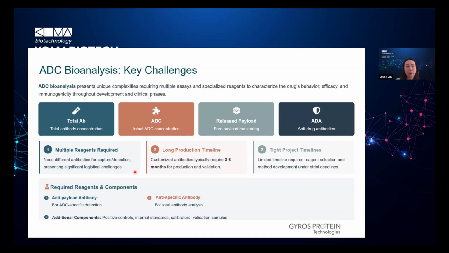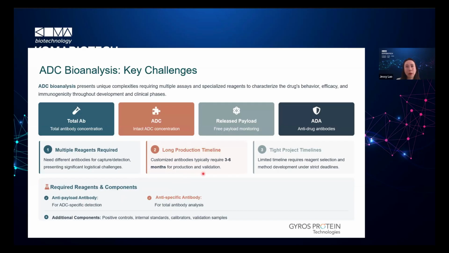These reagents may be anti-payload antibodies or anti-specific antibodies, because the anti-payload antibody will be used for the ADC or intact ADC analysis, and the anti-specific antibody will be more important for the total antibody analysis. Sometimes these are quite specific reagents, so they may take a longer time to produce, maybe around 3 to 6 months to produce and validate.